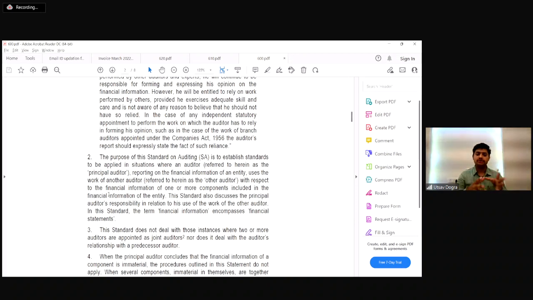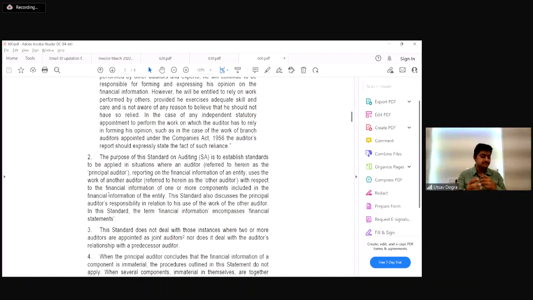So the principal auditor has been given responsibility to audit only the head office and a few branches, let's say the larger branches, and the other branches are being audited by the other auditors. On the consolidated financial statement that consolidates all the financials, the principal auditor places his audit report. He can use the work of the other auditors, and he can place his reliance upon their audit reports.